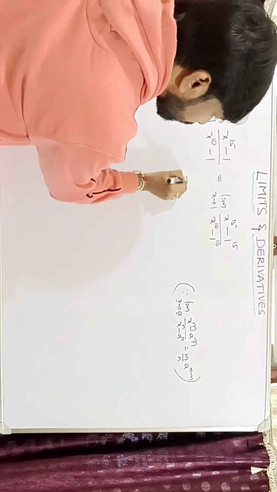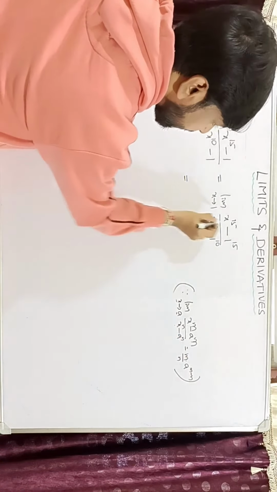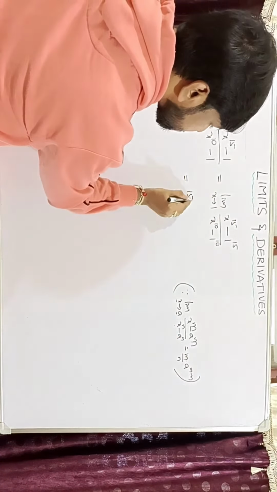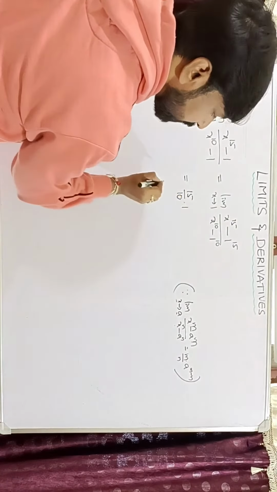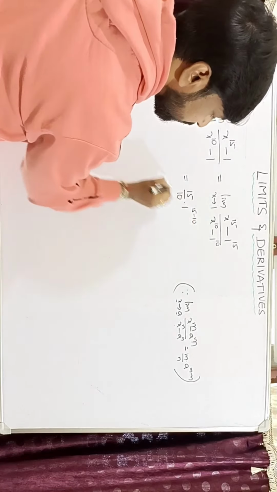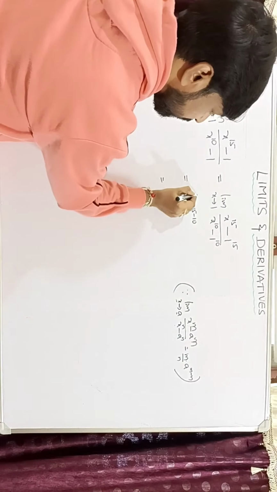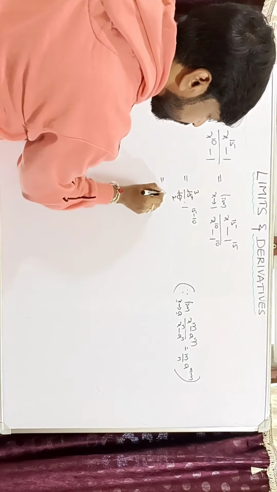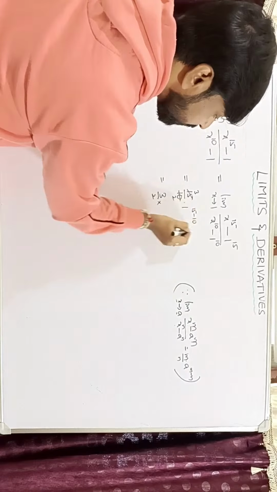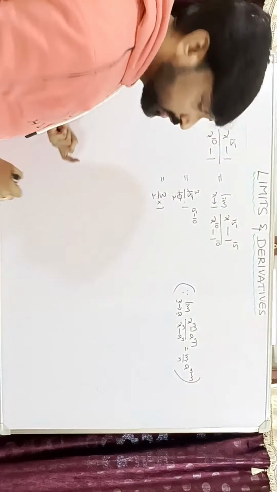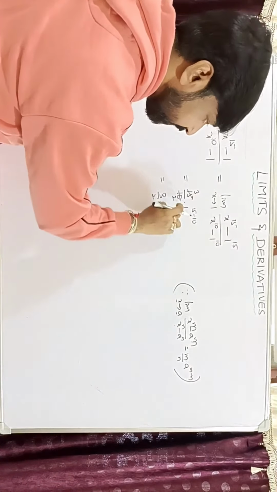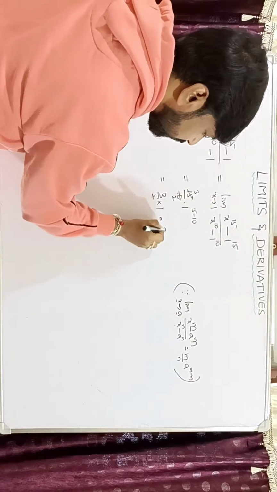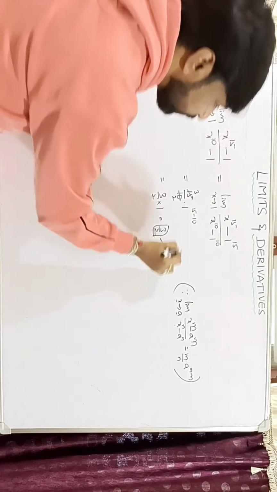Now this is of the form m by n. m is 15, n is 10. m by n into a power m minus n. This is equal to 5 3s are 15, 5 2s are 10, so 3 by 2 into 1 power anything, 1 only. No need to simplify anything. Even if it is a fraction, no need to simplify. 1 power anything means that result is 1 only. So 3 by 2 is your answer.